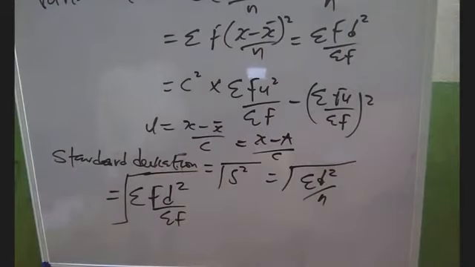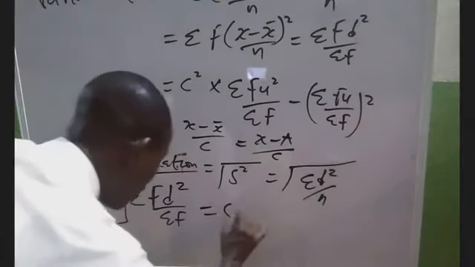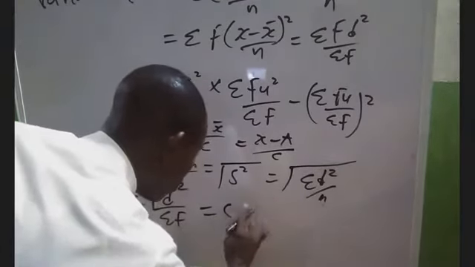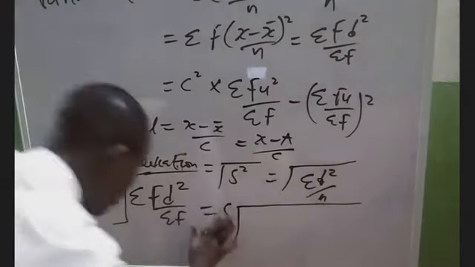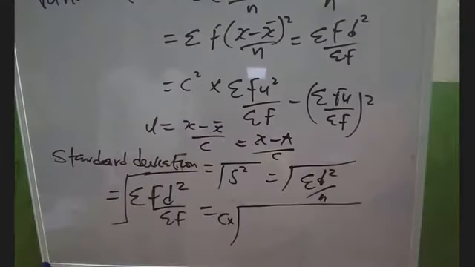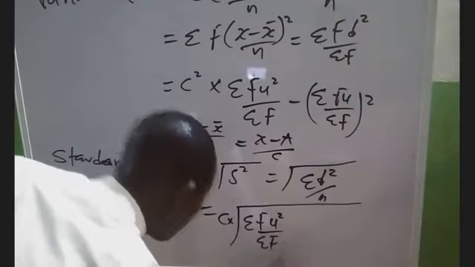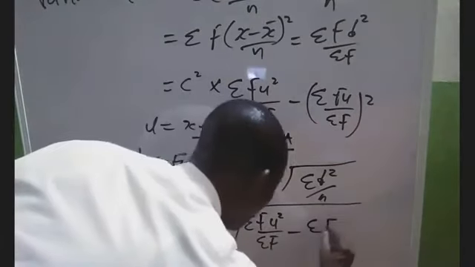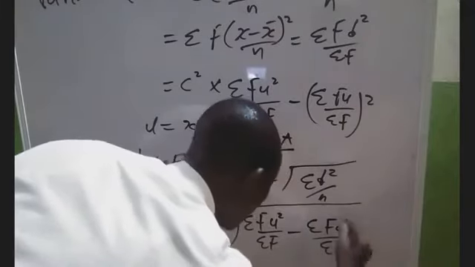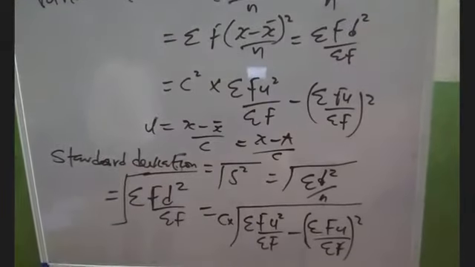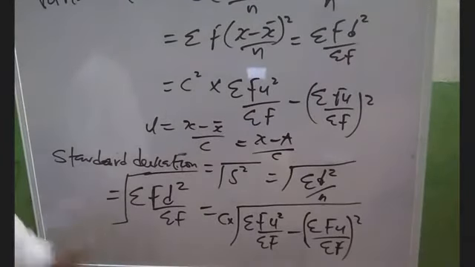It's also the same thing as c times the square root of sigma fu squared over sigma f minus sigma fu over sigma f all squared. So to get standard deviation, if you get the variance, you take the square root.